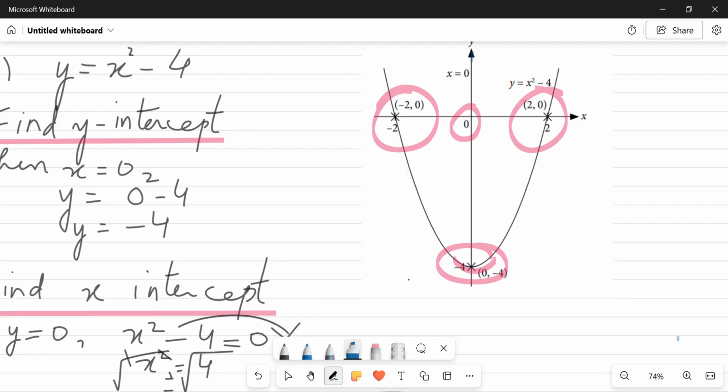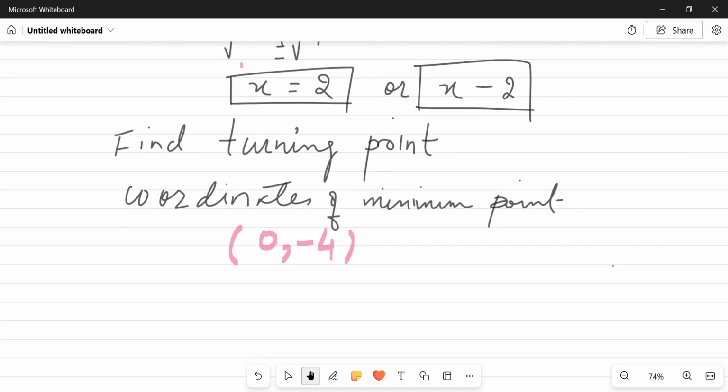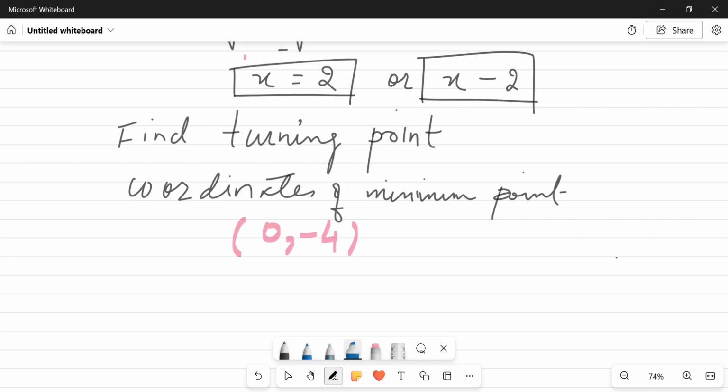This is x is equal to 0 here, right? So this is a 0. X is equal to 0. So if somebody asks you the question here, what is the equation of the line of symmetry? And this question comes, the equation of the line of symmetry is x is equal to 0, right? Because you need to find out the equation.